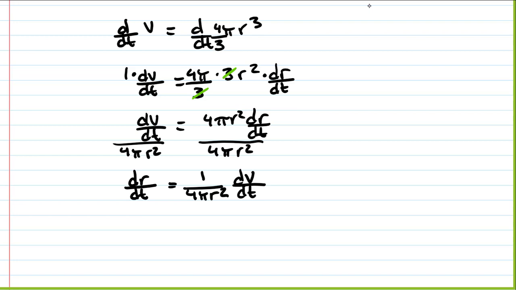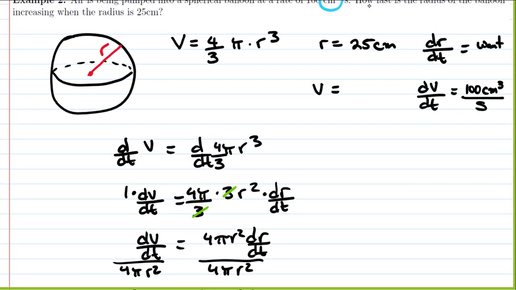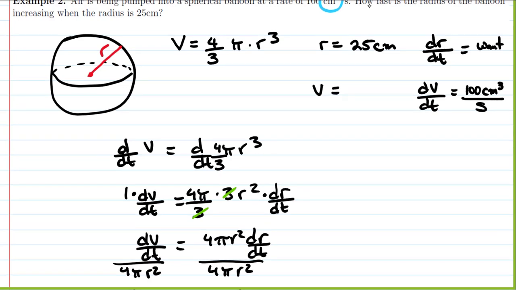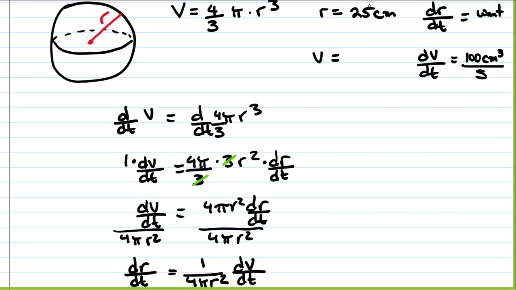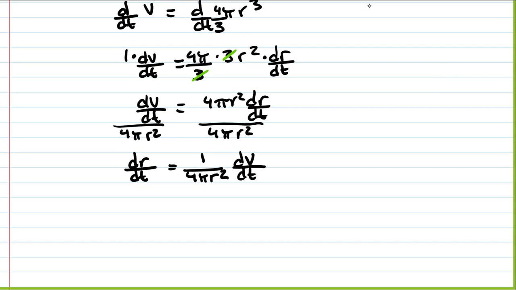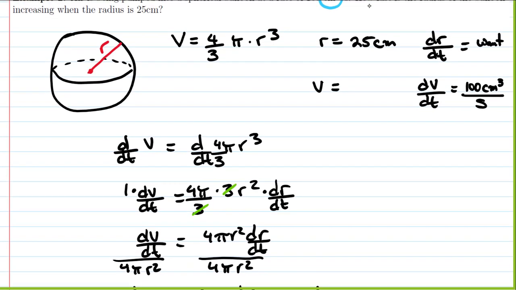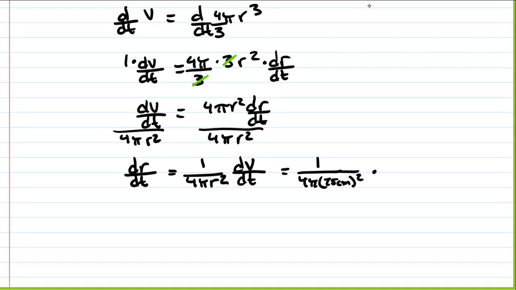So now we can just plug in what we know. r is 25 and dV/dt is 100 centimeters cubed per second. So we have 1 over 4 pi times 25 centimeters squared times dV/dt is 100 cubic centimeters per second.